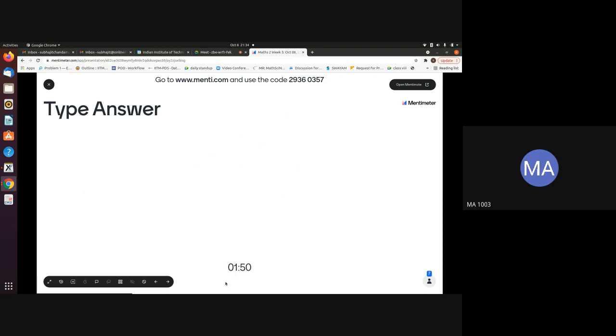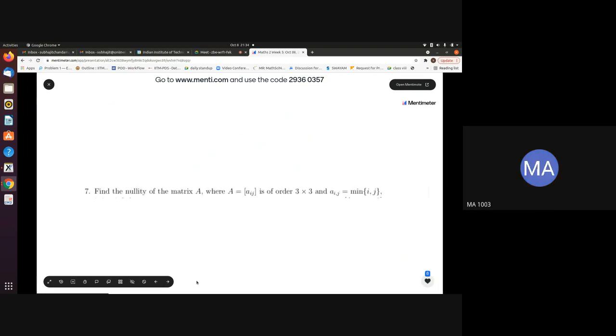Some timer has started; I have no idea about this. So the question was to find the rank or nullity, sir? Nullity. That's our finding of nullity.